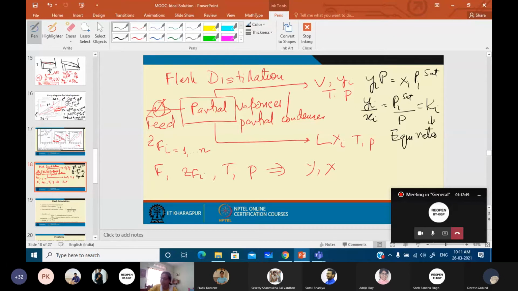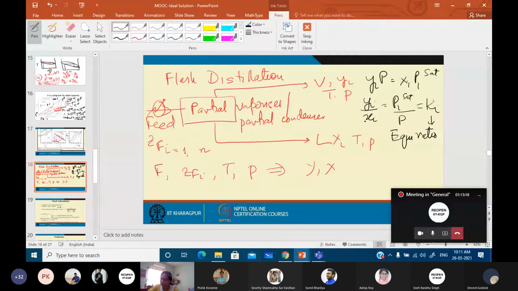For hydrocarbon systems, you find equilibrium data are often given as Ki values, because in most cases hydrocarbon systems behave as ideal solutions. So if they behave as ideal solutions, then in that case this Ki is a constant. Okay, so therefore frequently you find that either you get a phase equilibrium diagram or else alpha is provided. Usually for hydrocarbons, instead of alpha, Ki is provided.